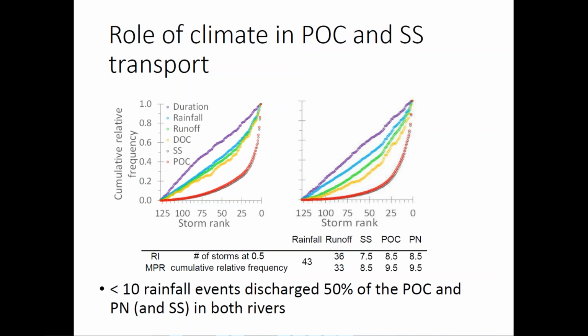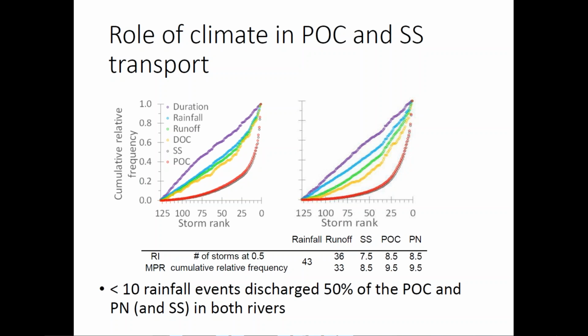On the x-axis we have storm rank. So the largest storm would be around 1, and then the smallest of the large storms, because these are only large storms, above about 80 millimeters of rainfall in a specific event. There are 125 storms that fell into this category over the 18 years.